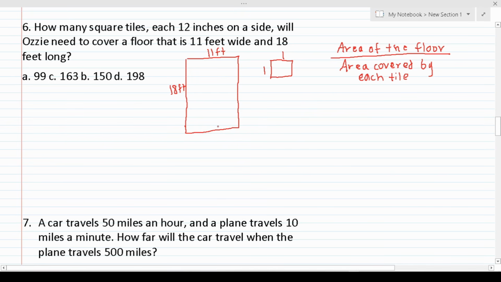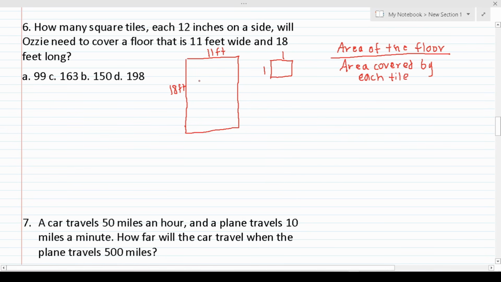So again, to find out how many tiles you need, you first have to find the area of this entire floor space. Then you're going to divide that by how much area each little piece of tile takes up. And thankfully, this is pretty easy to do.